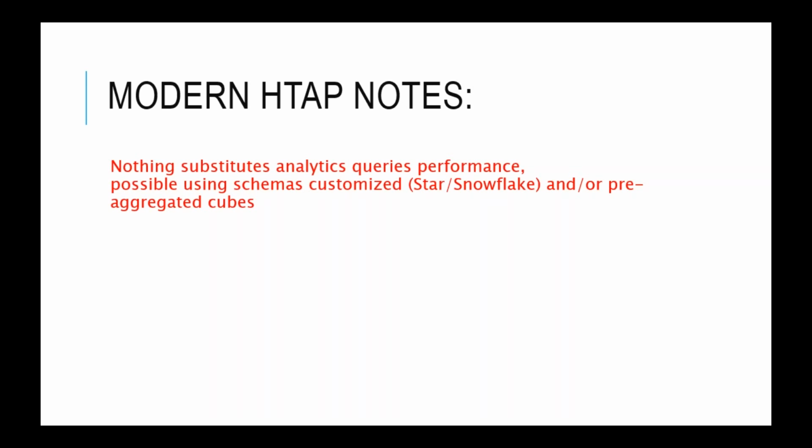Because having 20 or 50 small tables and huge execution plans will most of the time deliver very different performance from a denormalized and optimized query on a star or snowflake schema.